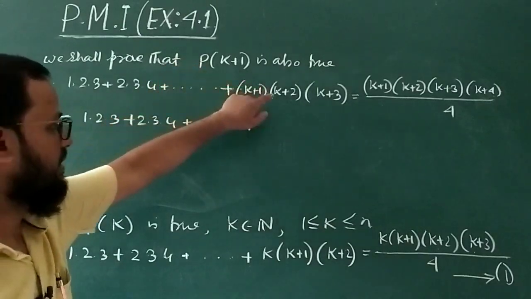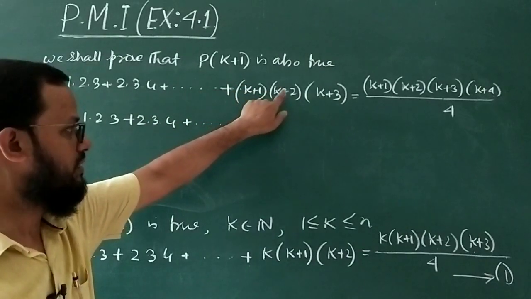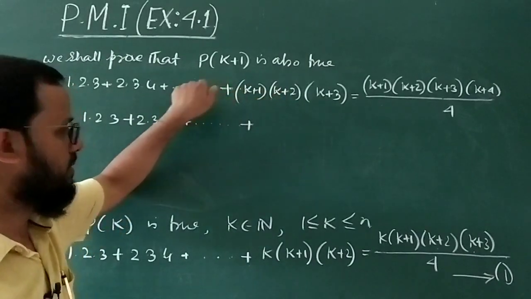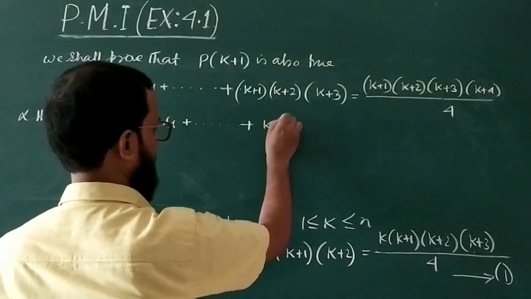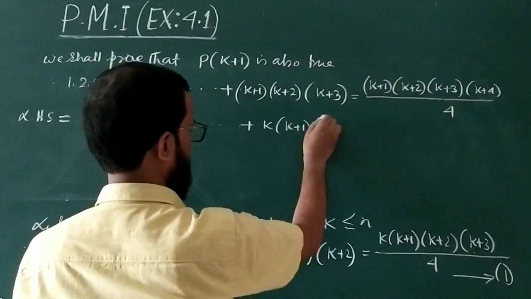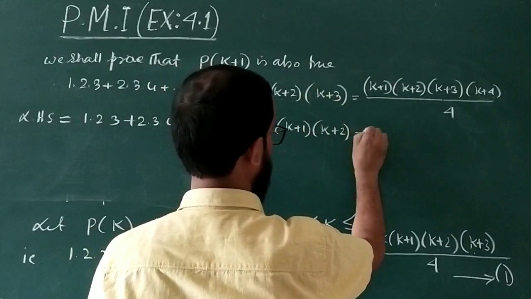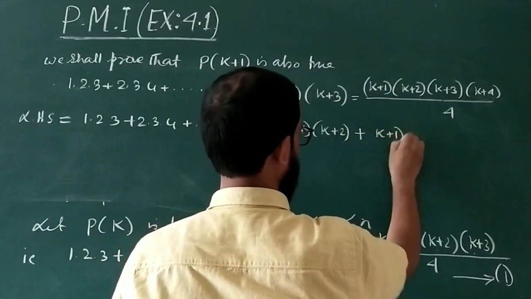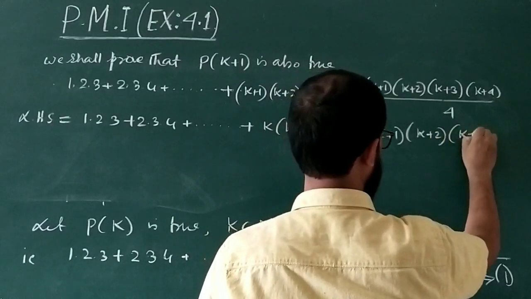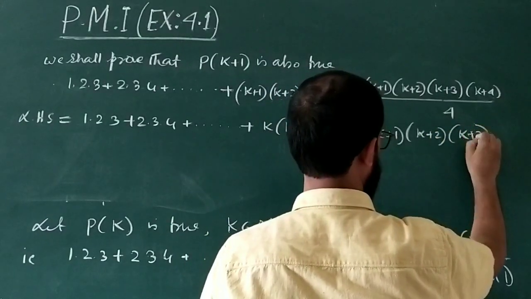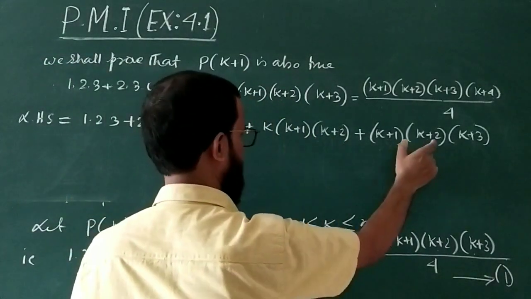Predecessor, or you can say उससे पहले वाला जो टर्म है, जो टर्म लास्ट टर्म, this is the last term, इसका प्रीवियस जो टर्म है, what is the previous term? This term will be this one. Okay, k into k plus 1 into k plus 2, and this is the last term, k plus 1 into k plus 2 into k plus 3. ठीक है, this is your last term and this is the term previous to this.